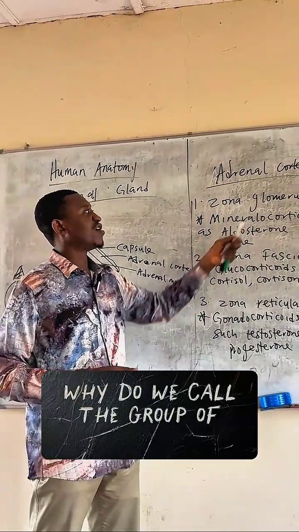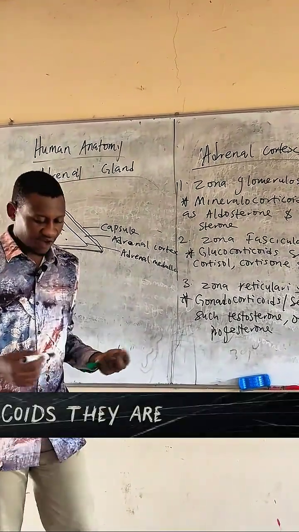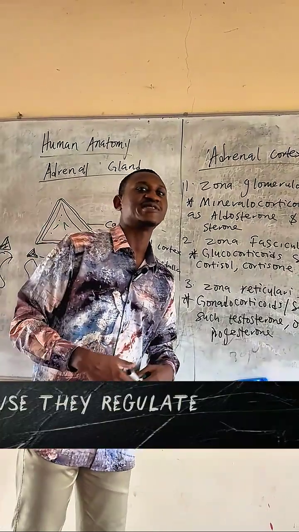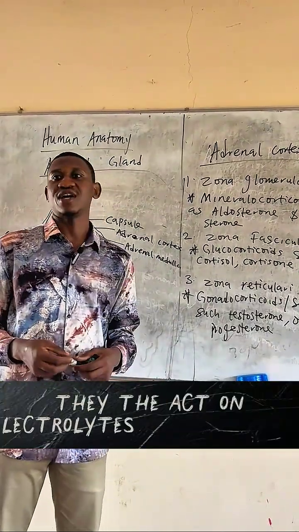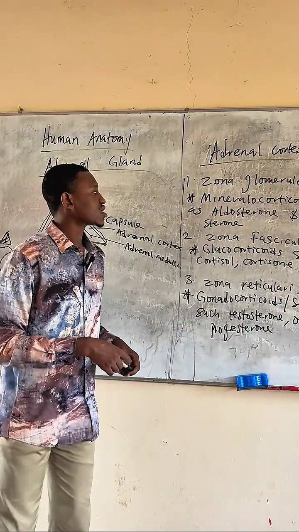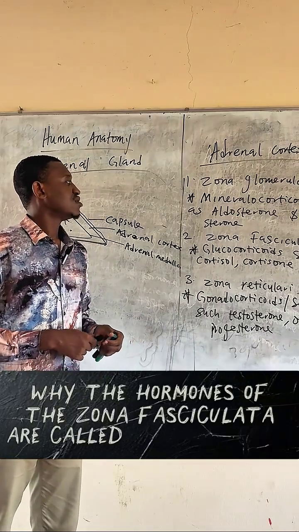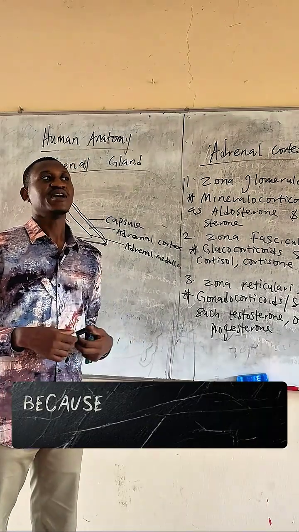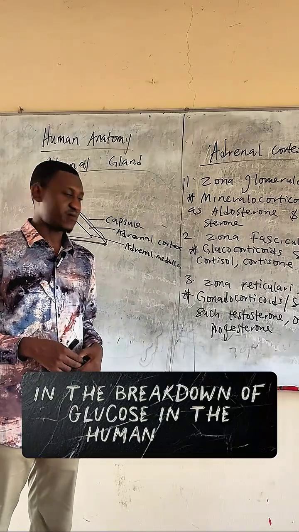Why do we call the group of hormones produced by the zona glomerulosa mineralocorticoids? They are called mineralocorticoids because they regulate electrolyte level. They act on electrolytes such as sodium, such as potassium primarily. The hormones of the zona fasciculata are called glucocorticoids because they play a role in the metabolism, in the breakdown of glucose in the human body.